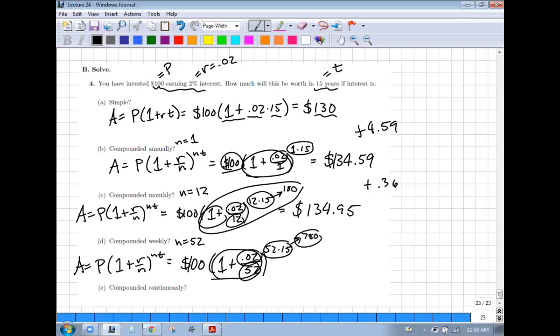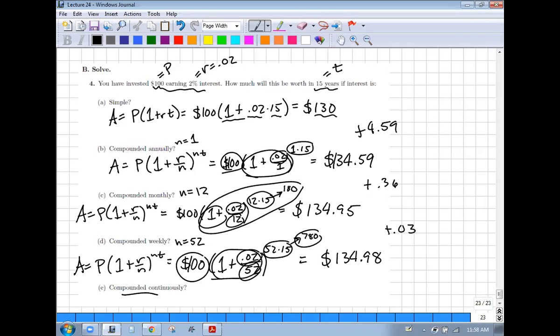And I end up with a 1.3 something. Now I multiply by 100. And I get $134.98. So I got an extra 3 cents by going from monthly to weekly.